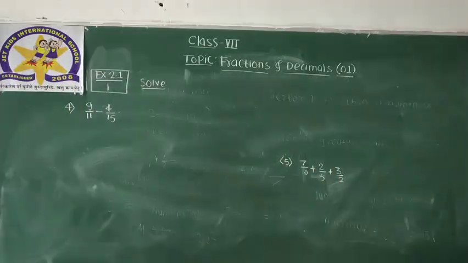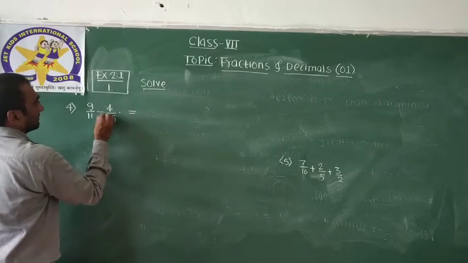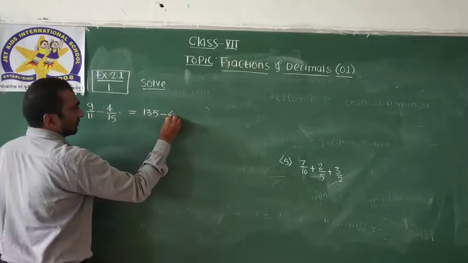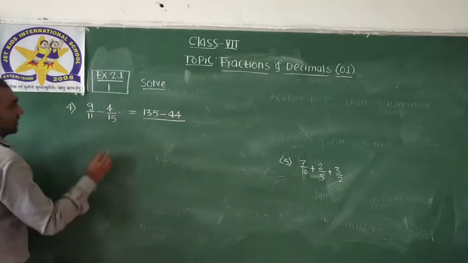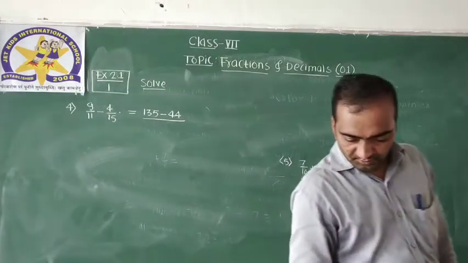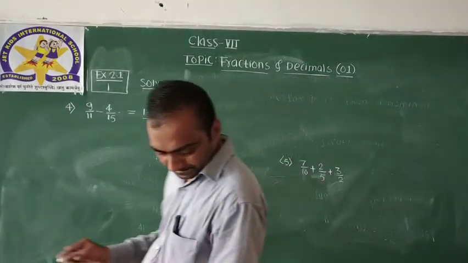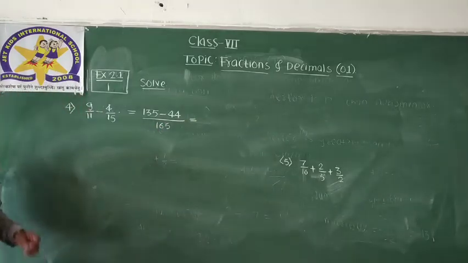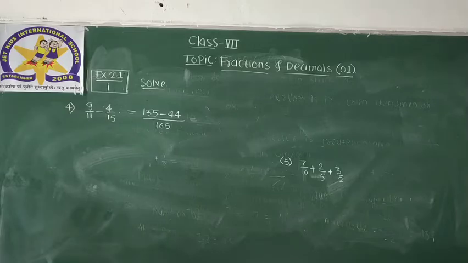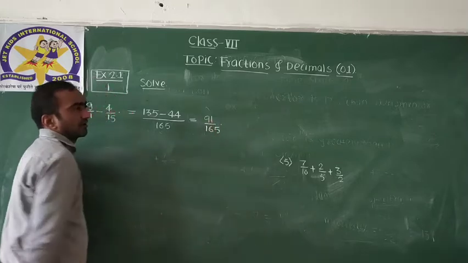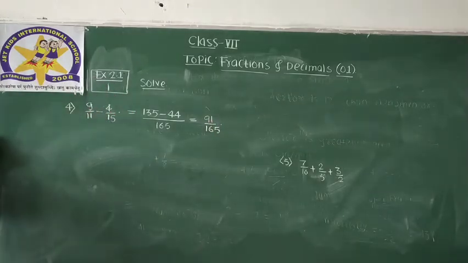Now here we can make the cross multiplication easily. 15 9s are 135. 11 into minus 4, minus 44, divided by 15 into 11, 165. Make calculation, 135 minus 44 equals 91 divided by 165. So the answer of question number 4 is 91 by 165.